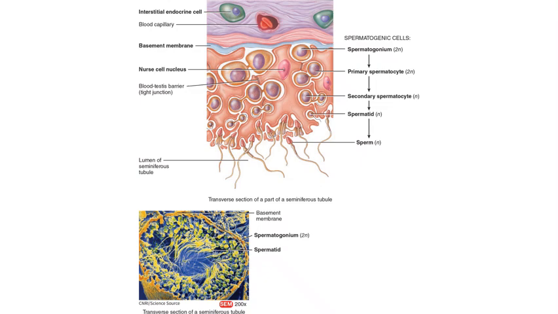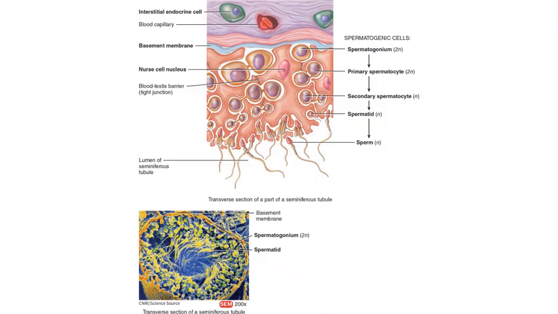Now, embedded among the spermatogenic cells in the seminiferous tubules are large nurse cells, also known as sustentacular cells or Sertoli cells. I'm going to call them nurse cells. These extend from the basement membrane to the lumen of the tubule. Tight junctions join these neighboring nurse cells to one another.